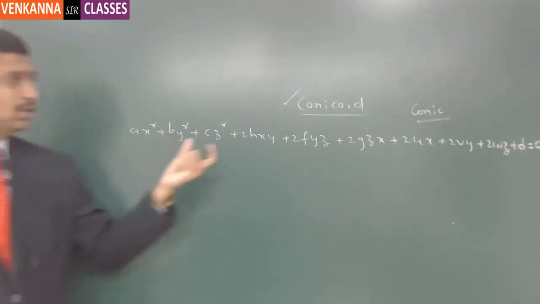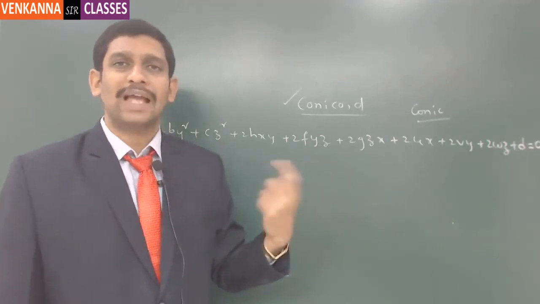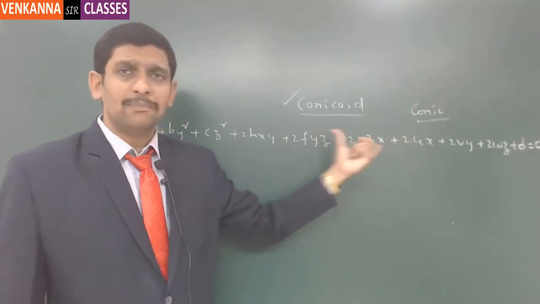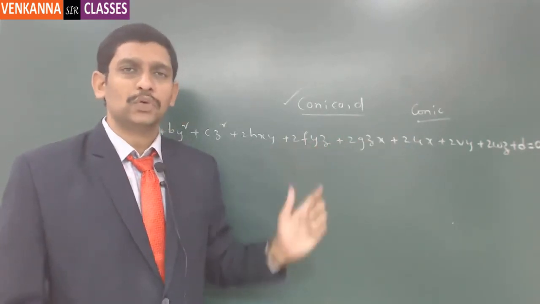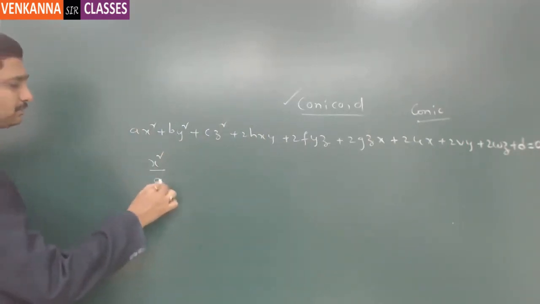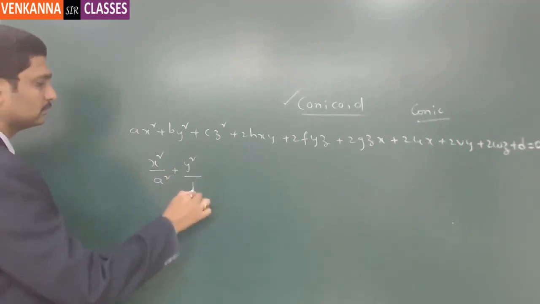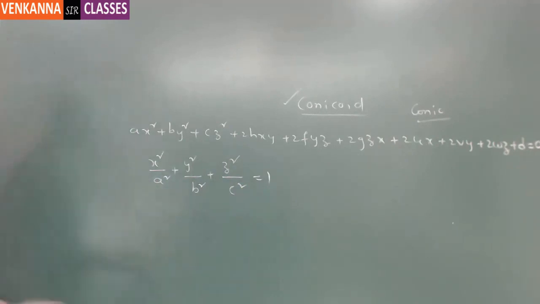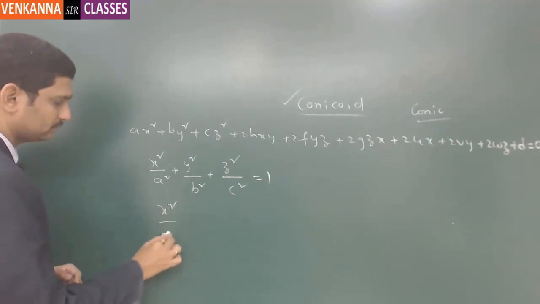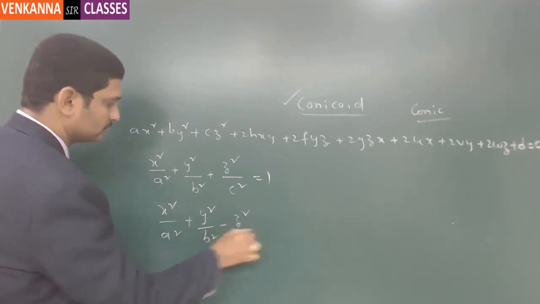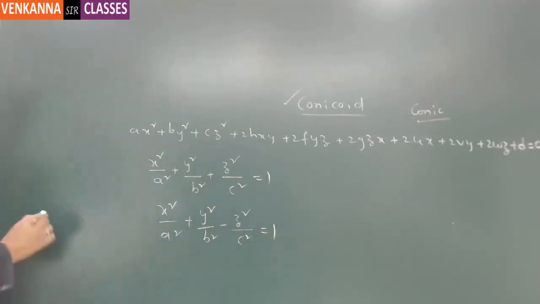Now, if we do transformation of axis, that is shifting the origin, then this entire big equation will be reduced to a small equation. So obviously you are going to get it as this is one model. Another model.